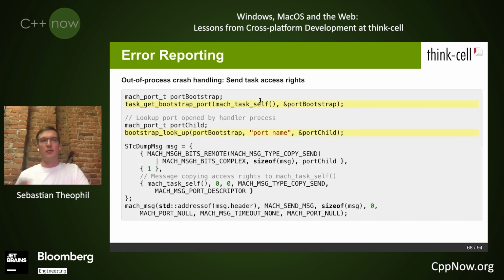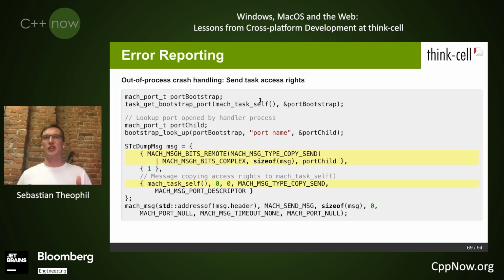So, two small slides on how that looks. macOS has a bit of a special kernel where you have a lot of message sending between different processes. You can look up a message port by name, and then you can send a process a message. And in that case, we have to send one message.